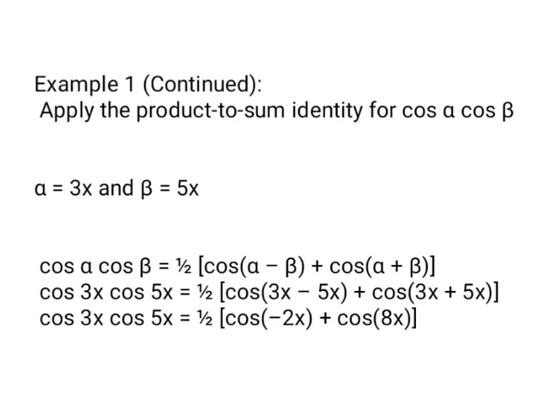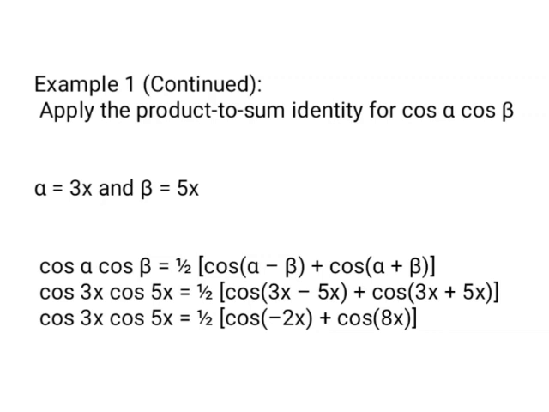Then apply the product to sum identity for cos A cos beta. A is equal to 3x and beta is equal to 5x. Cos A cos beta is equal to 1/2 cos of the quantity A minus beta plus cos of the quantity A plus beta.